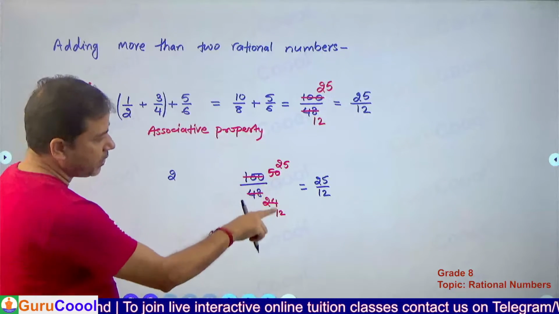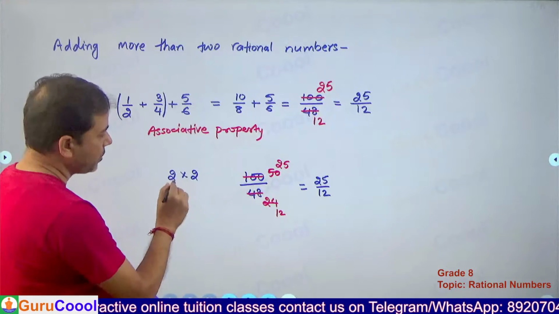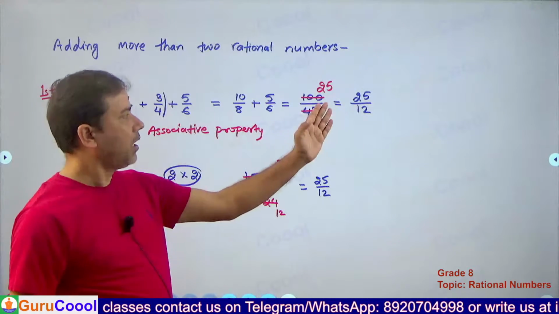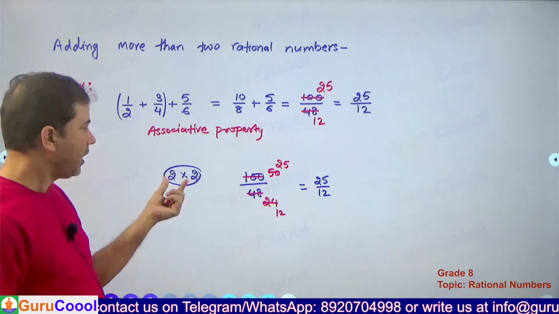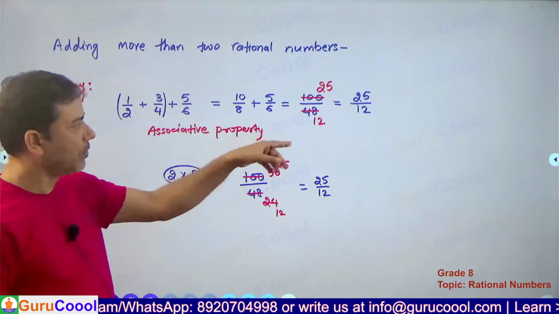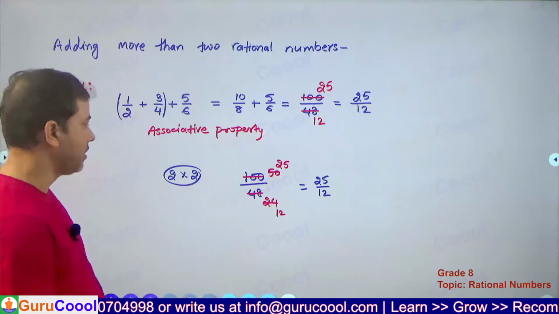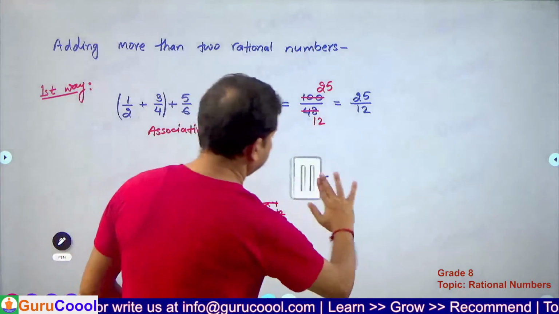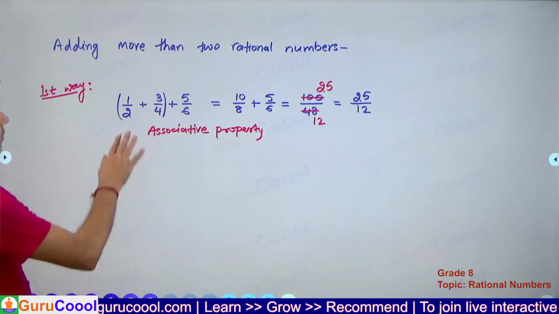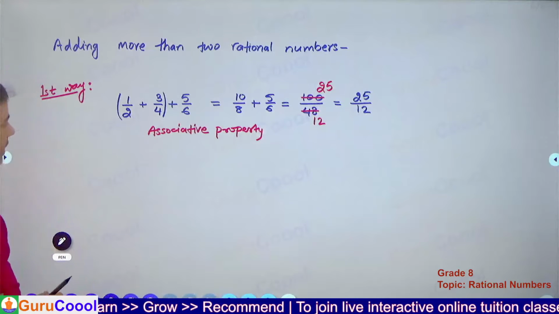After that, you cancelled by 2 again. So you can choose 2 times 2, 4, at once only. I did that here. I didn't choose 2 and 2. I instead chose 2 times 2, that is 4. Directly by 4, and in once I got the answer. So this is the first way. You can use the associative property. Now see the second way.